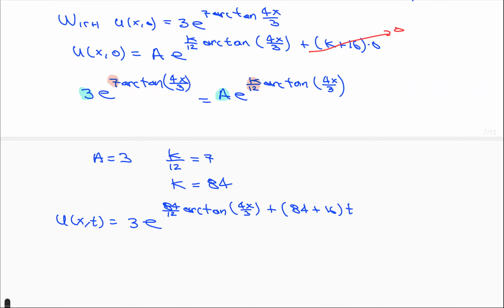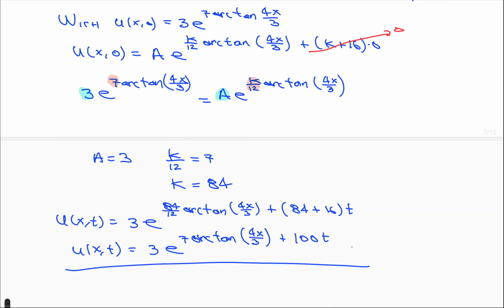All right, simplifying the 84 over 12, that gives us u of x,t equals 3 e to the 7 arctan of 4x over 3 plus 84 plus 16, which is 100, 100t. Final answer.